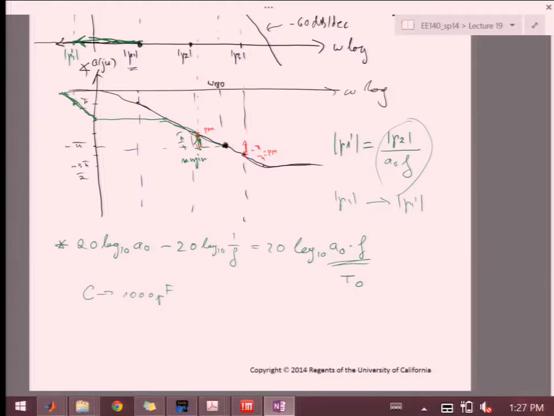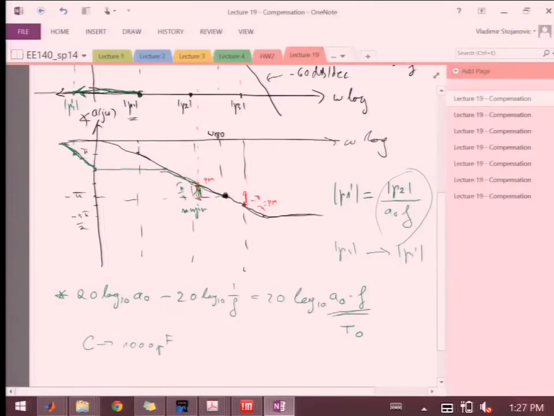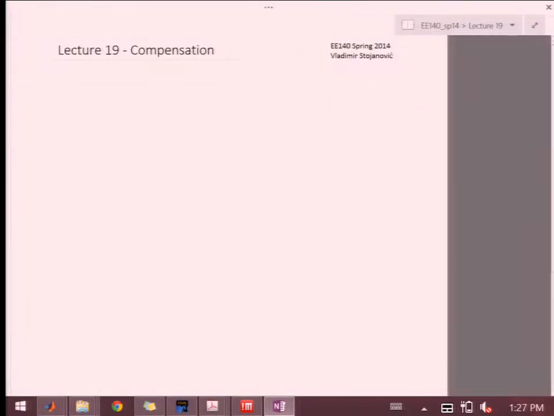So let's do a quick example just so it gels in a little bit better. Let's say we have a two-stage differential amplifier.